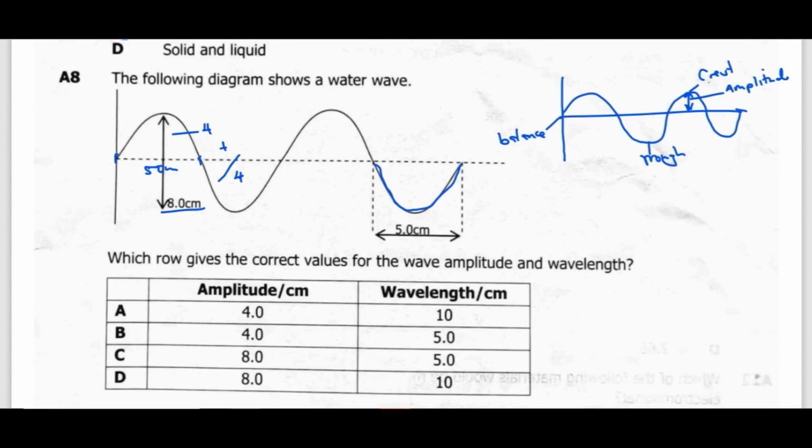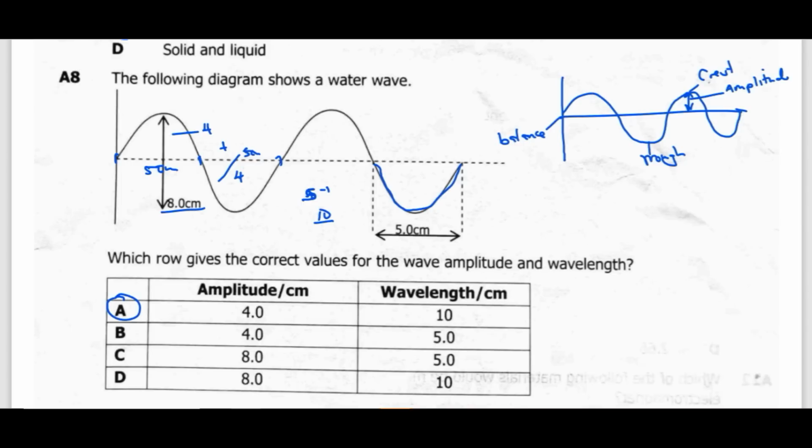The same applies from here to here, it is 5 centimeters. So for a complete one, we're going to have 5 plus 5, and then we are going to have 10. So 10 is the wavelength. So the answer here that we have is A.